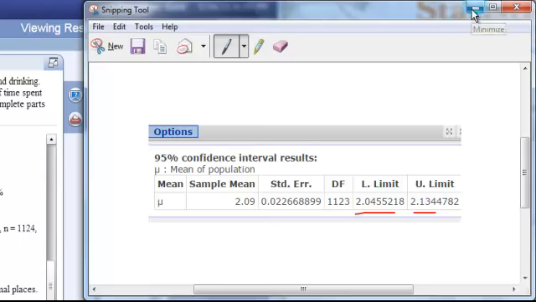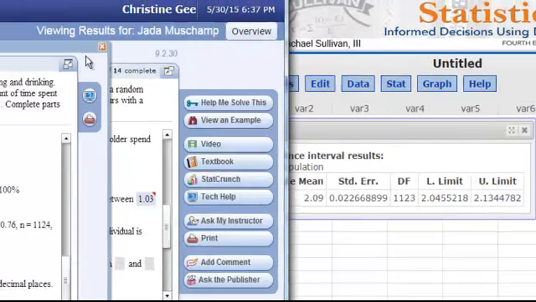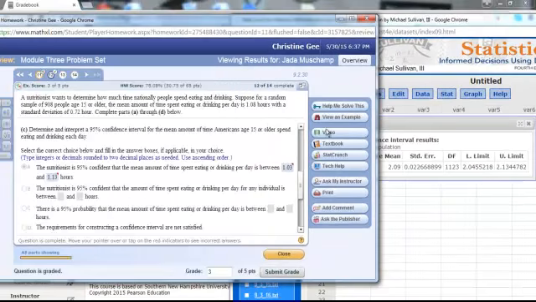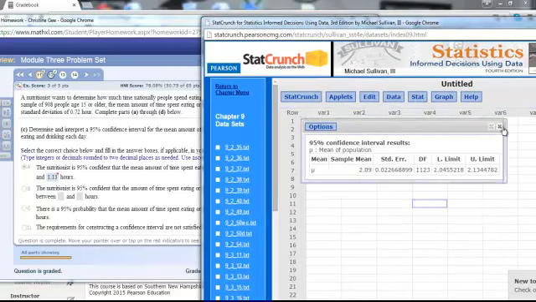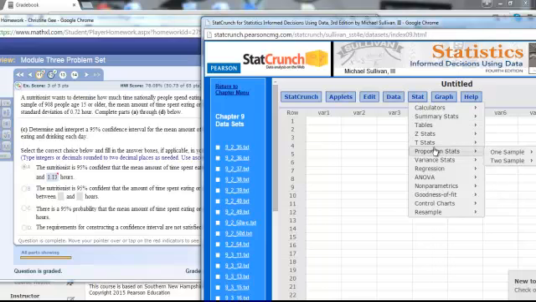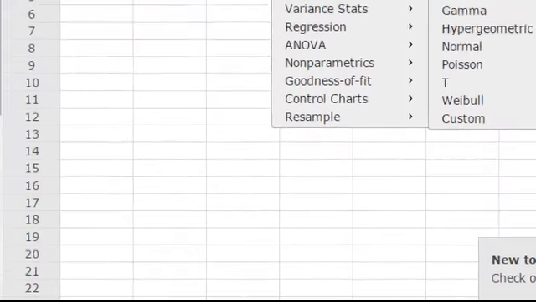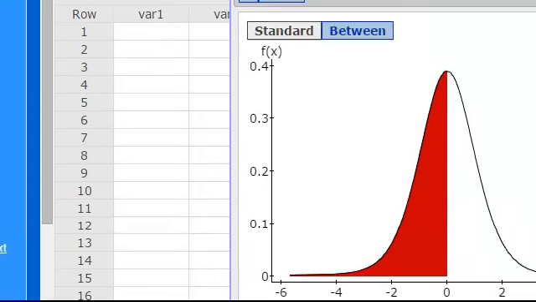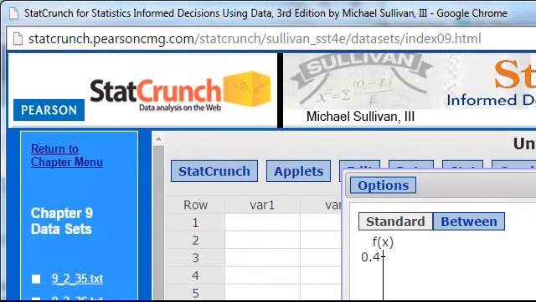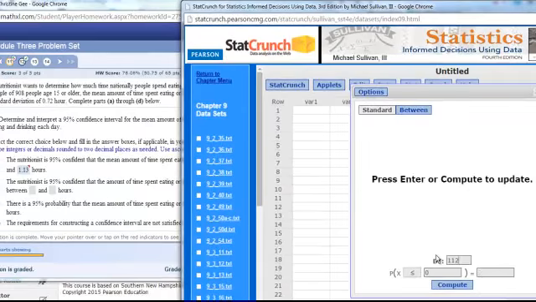Now, to answer your question, you can easily do it that way, the easy way, or you can use the t-table, or go in here and calculate the t-score. For degrees of freedom, we look at the number of people, which was 1,124, and we subtract 1, so that'd be 1,123.